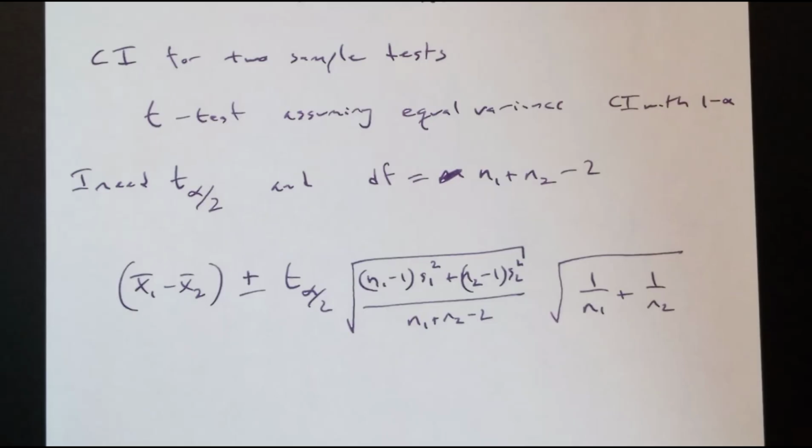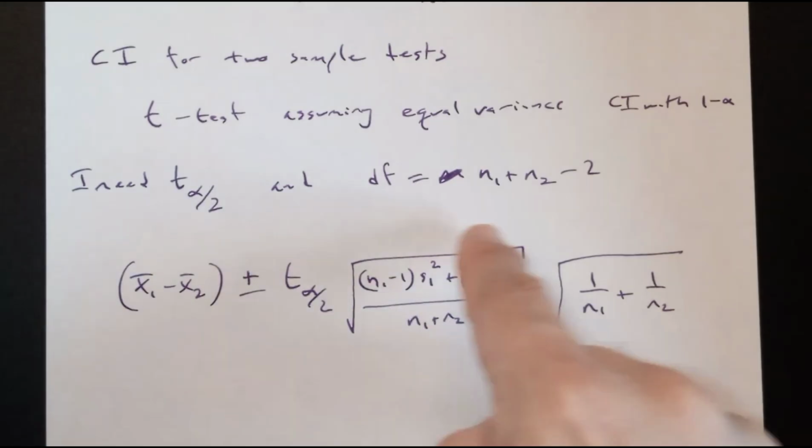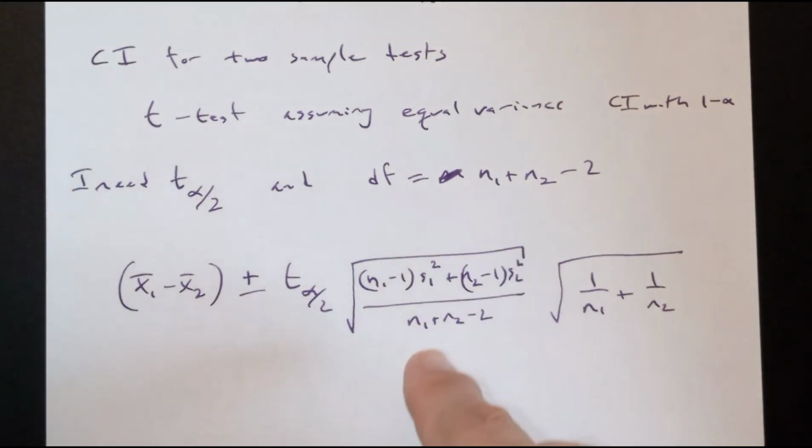That's this number on the bottom. Yes, that's our degrees of freedom. This whole expression in the square root, this first square root thing, I've seen this before. On Wednesday.